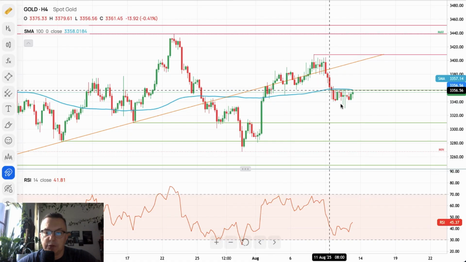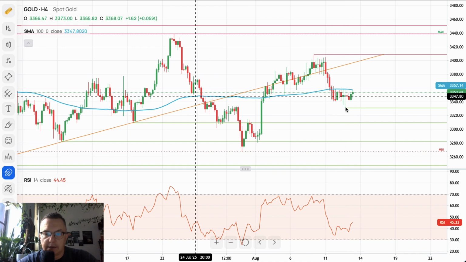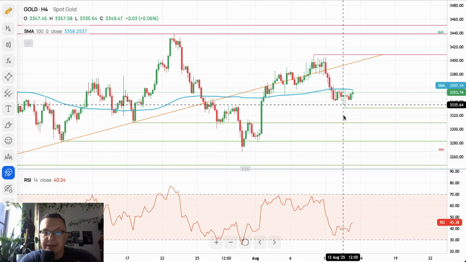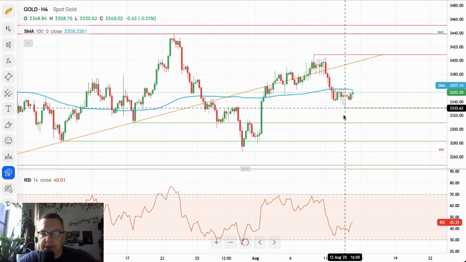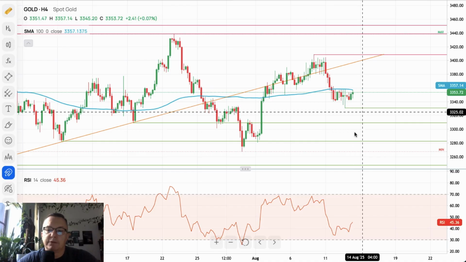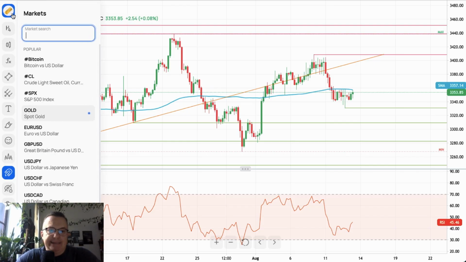Nevertheless, let me move this level here to yesterday's low at 3,330, which is local technical support for this market. Right now there is no momentum to the upside and no momentum to the downside. At 45 points, we are closer to neutral momentum than to bullish or bearish momentum. Gold temporarily moves sideways.